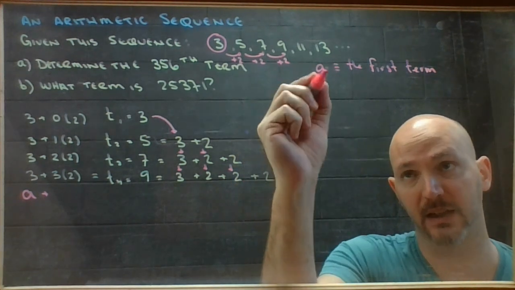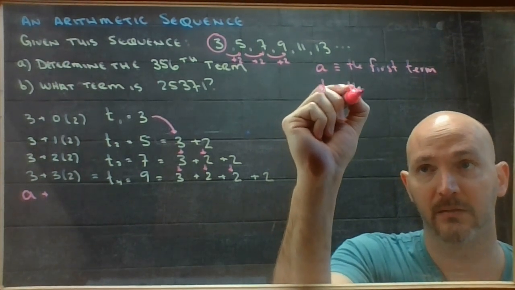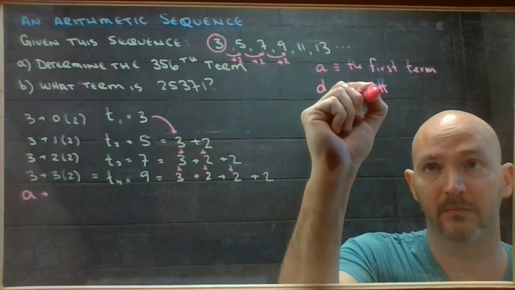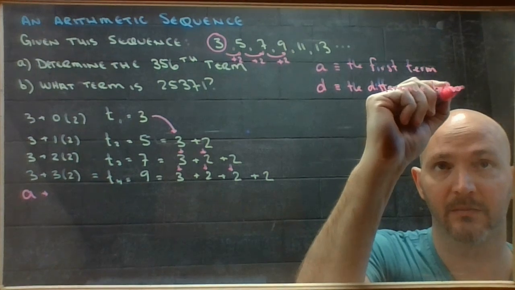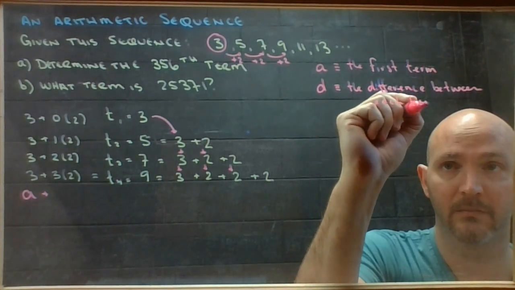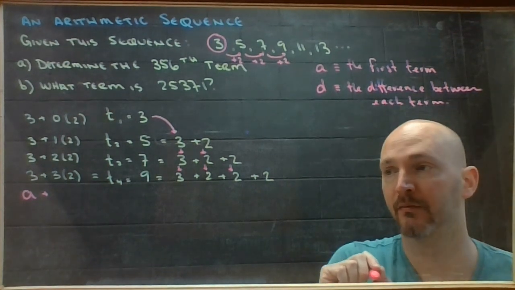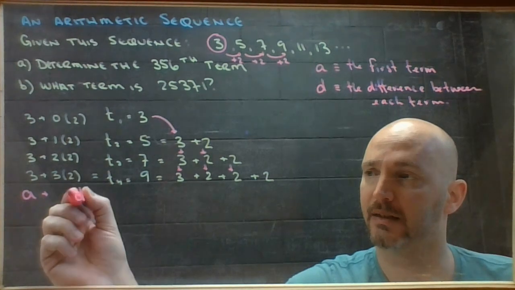So I'm going to give that a letter. I'm going to use a D for difference, difference between each term. All right, so if I replace that, I get a D here.